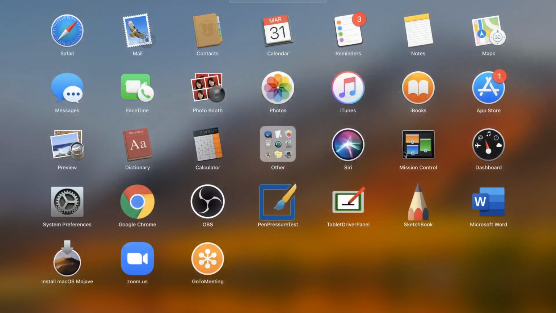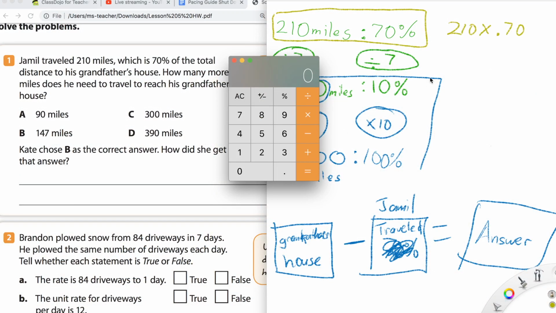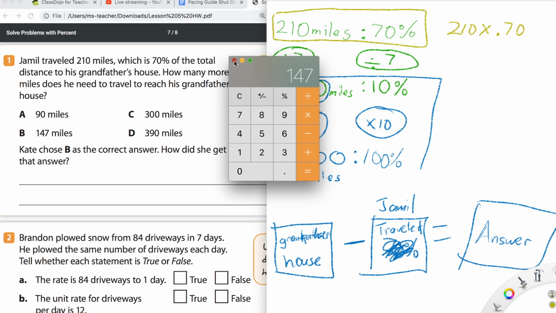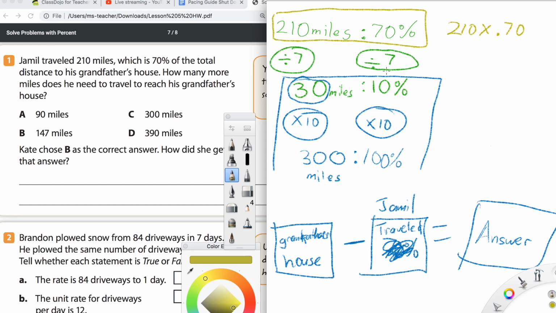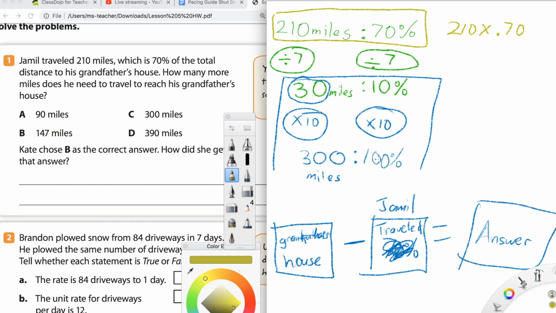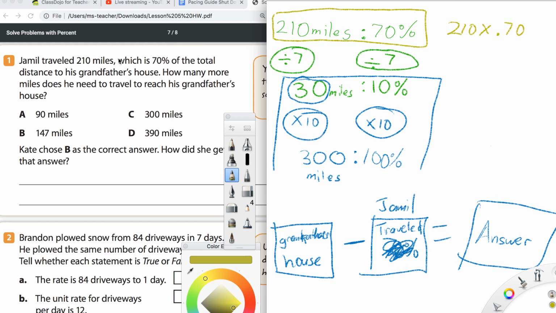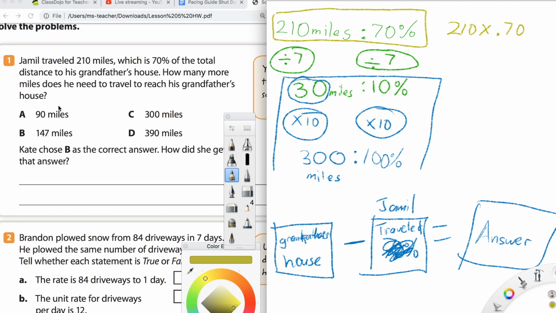So let's see what the calculator says. 210 times 0.70 is 147. Yeah, so she multiplied these two numbers, the miles and the percentage. She didn't try to figure out what 10% was and then change to 100%. She just multiplied these two numbers because she saw them in the problem.